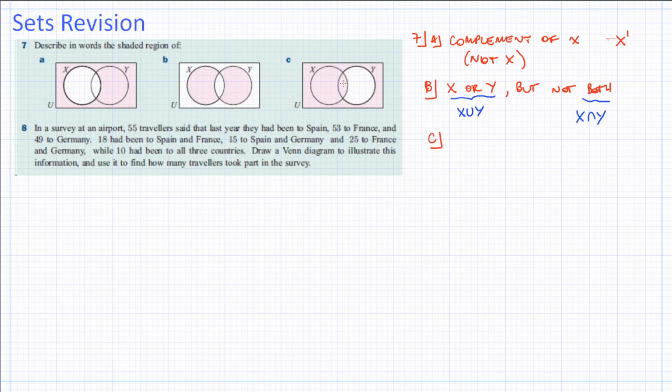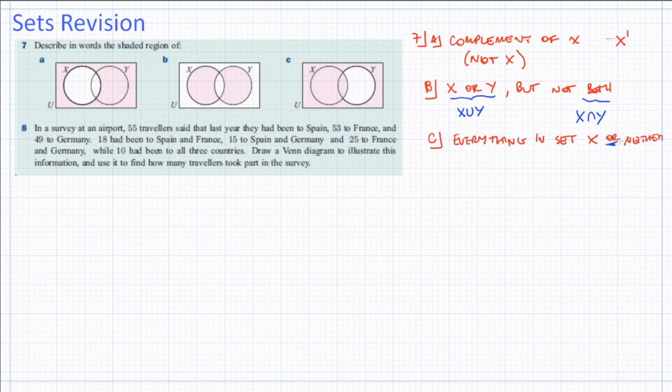So you can think of this as everything which is in set X or in neither. Because if it's in set X, it's shaded, and if it's in neither set, it's also shaded. So there you go, everything in set X or neither.